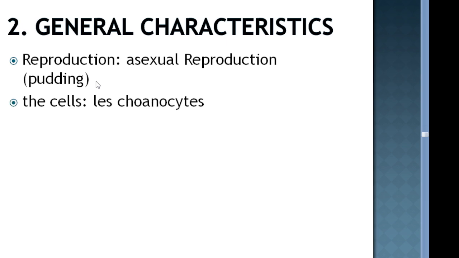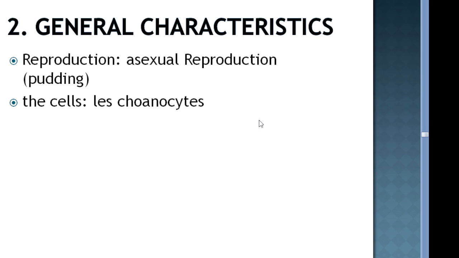Now, the second characteristic is the cells. The sponges have several types of cells. Okay, not only one, several types. I will talk about the types when I show you the anatomy of the sponge. But what you must keep in mind is that the most important cells in the sponges are choanocytes.